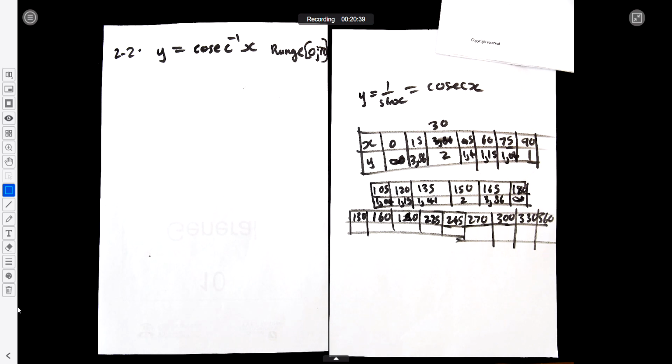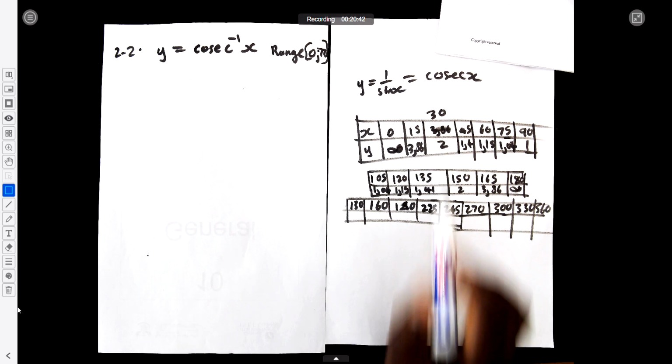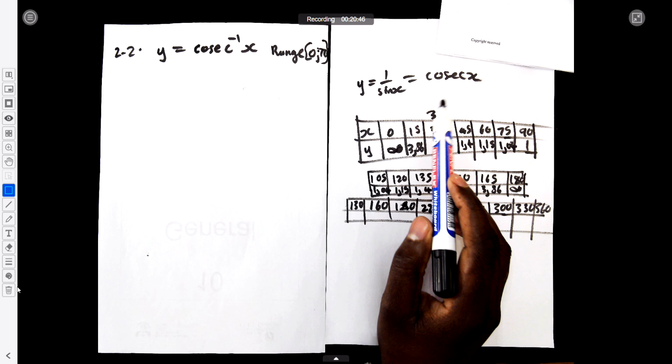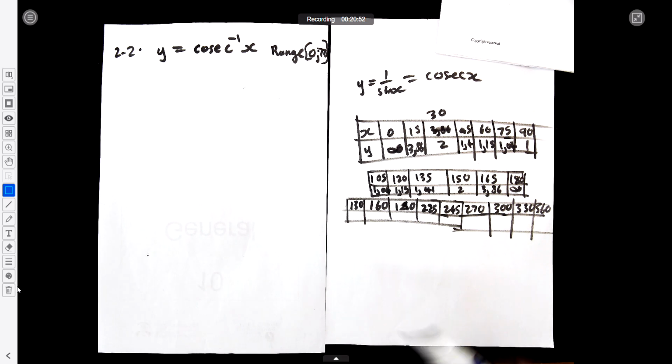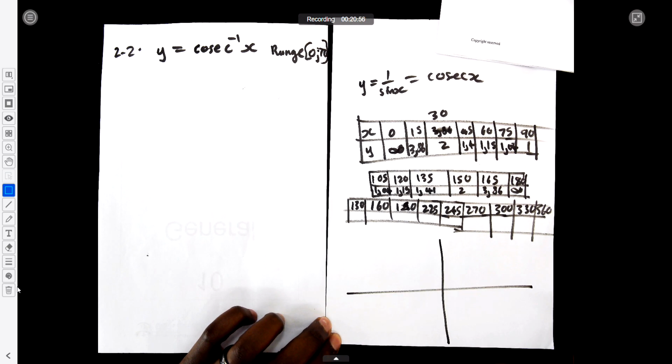Sorry to go the longer route, but I wanted you to know what the cosec graph is going to look like. The inverse of that, we know it flips. So let's say we have your cosec graph there.